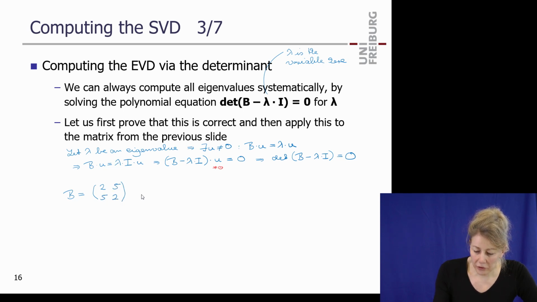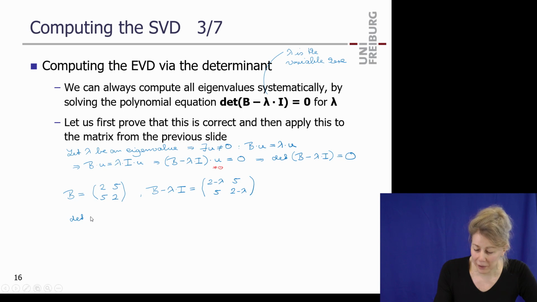Now let's do B minus lambda times the identity. That's just subtracting lambda from each diagonal element: 2 minus lambda, 5, 5, 2 minus lambda. And now let's compute the determinant of that.